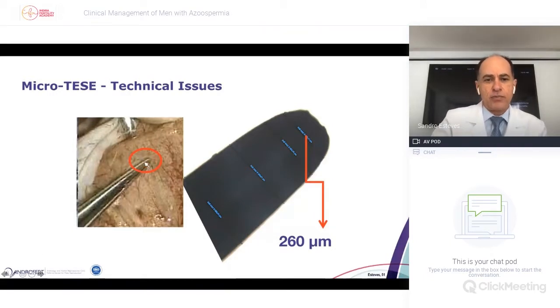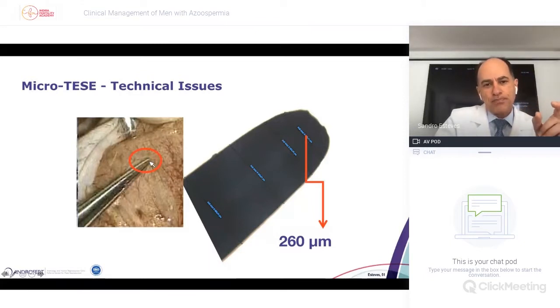What we do in our center is, we have some special microsurgical forceps in which we ask the manufacturer to make the tip of the forceps with a certain diameter. For instance, we can make the tip of the forceps 260 micrometers, and then I will compare the tip of the forceps with the diameter of the seminiferous tubules I see through the operating microscope.